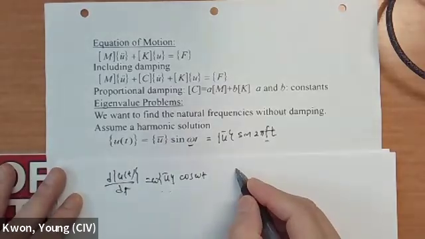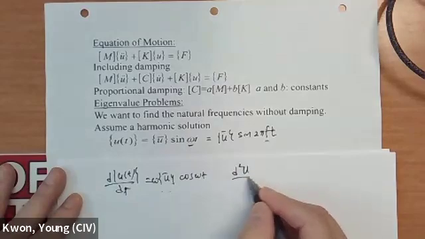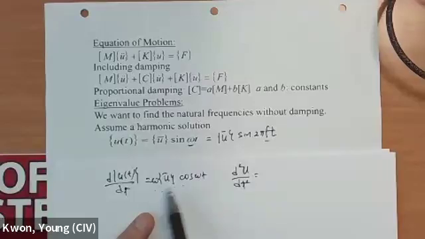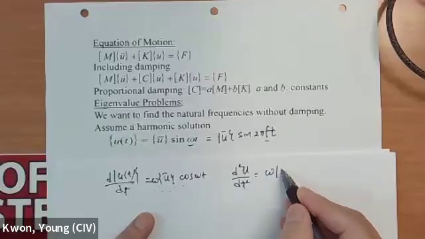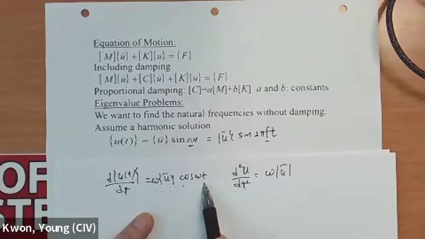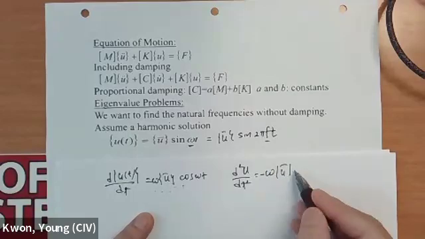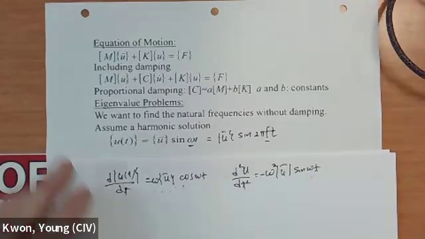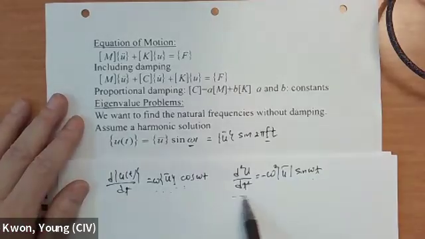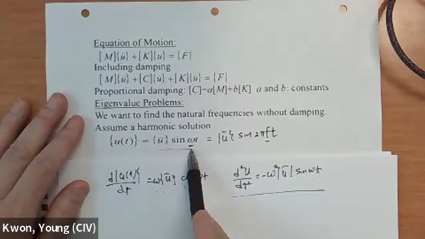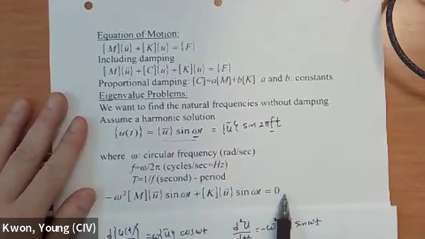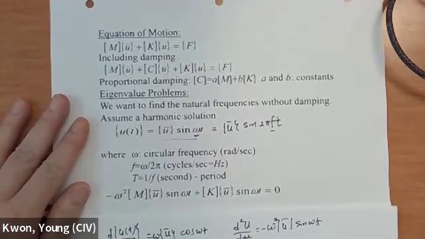Then taking the second derivative of u, again this is constant, and cosine becomes negative sine omega t, and another chain rule gives you omega squared. So if I substitute this and this into the equation, what you get is this one.